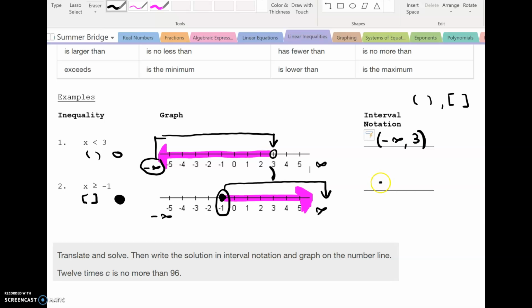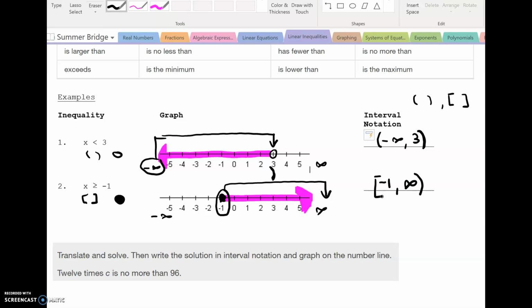So now my interval is going to go from negative 1 to positive infinity. Since I'm using infinity, that always has to have a parentheses. However, to start the interval, we need to decide, are we using parentheses or brackets? Well, I used a closed circle right here, which means I need to use brackets. Okay, so that's how that would look.